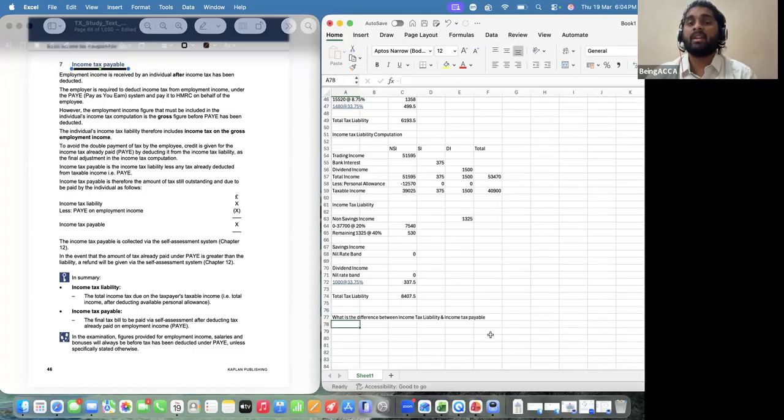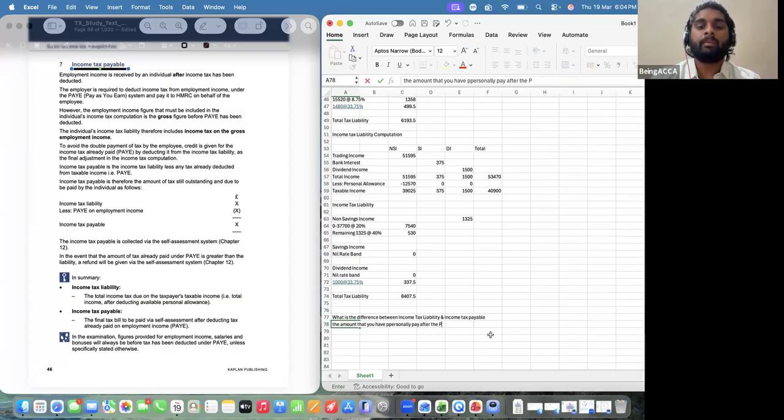Income tax liability is the total tax that you have to pay from all the incomes that you have received. But income tax payable is nothing but the amount that you have to personally pay after the PAYE has been deducted. Don't worry, I'll explain what PAYE means.